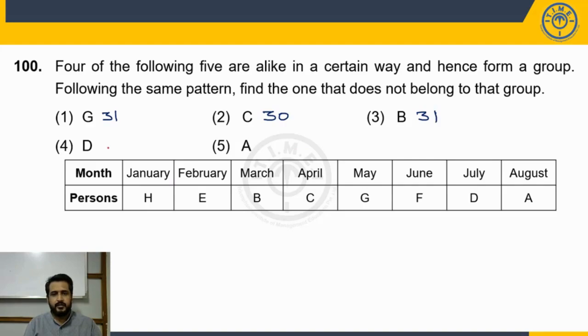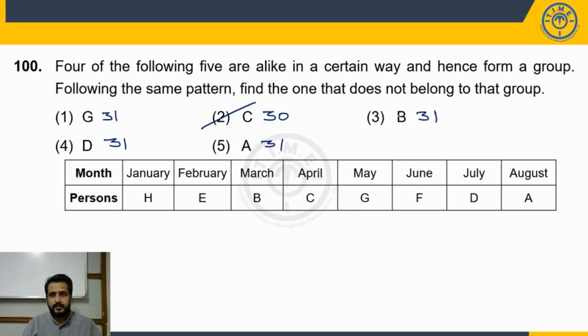D joined in the month of July, having 31 days. A joined in the month of August, which has 31 days. So which one is the odd one out? C. Except C, all the remaining attended their duties in the month having 31 days. Okay, choice 2.